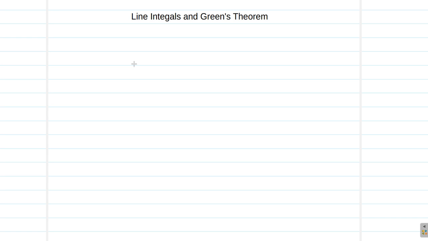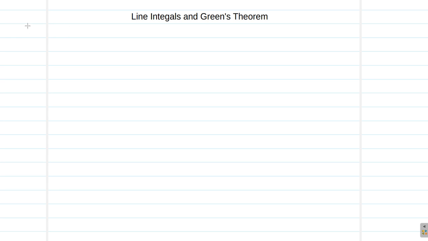Hopefully you won't get an examination where you use line integration because of the amount of work going into it, right? You could get it as a homework assignment, but when you get this type of question, hopefully it will be just Green's theorem you're asked to do. But anyway, let's look at this.